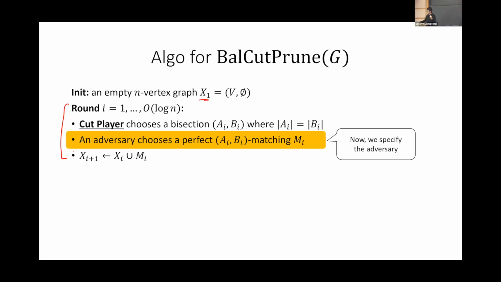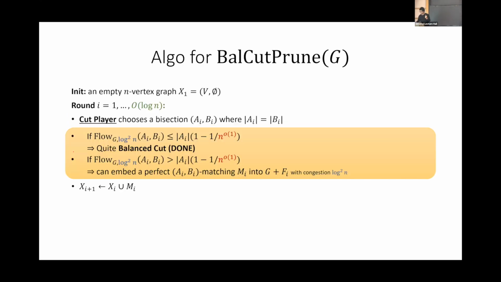The matching player would just do the two cases that I described before. Given this bisection A and B in the graph X, I look at the same bisection in graph G and try to send flow from A to B. If the flow is small, I get stuck quite a lot, so you must get a balanced sparse cut.